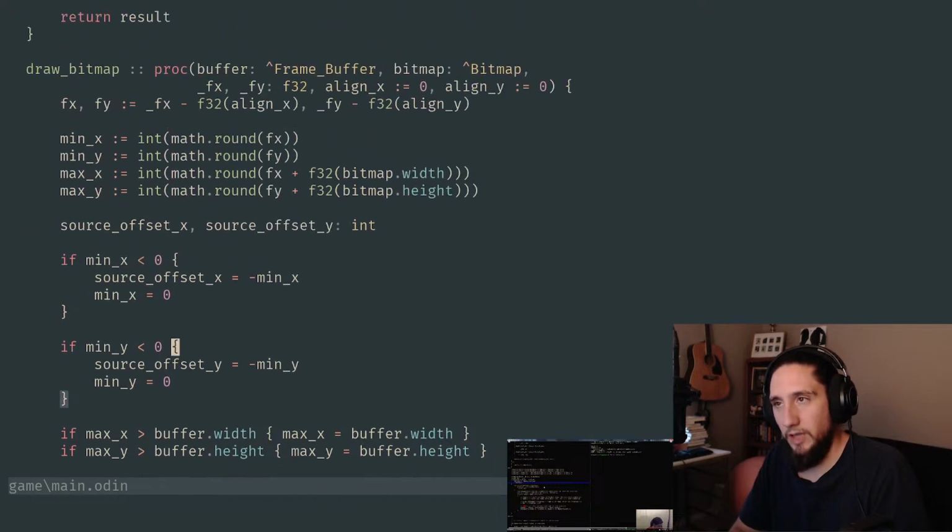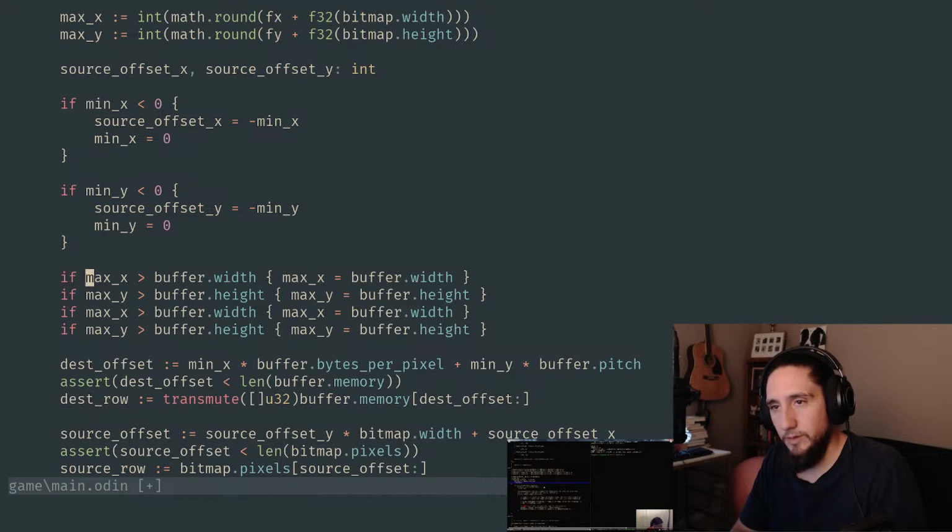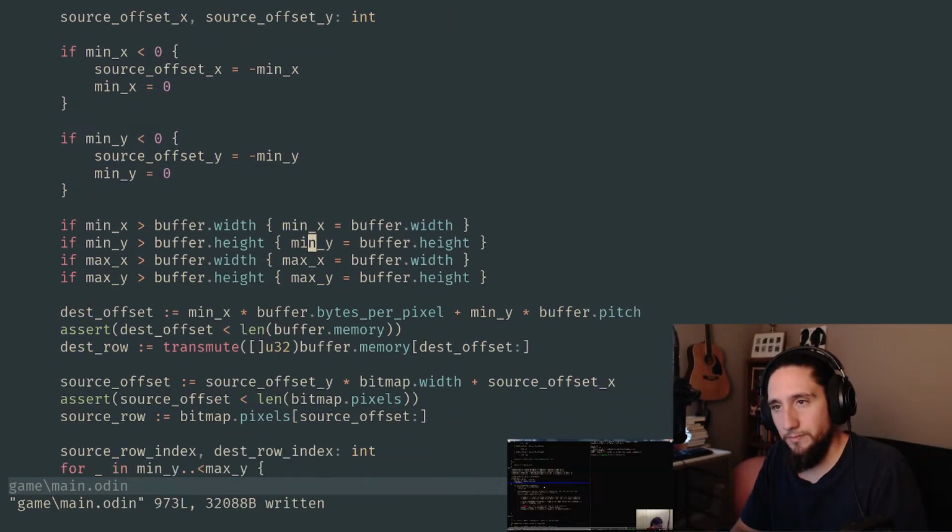Only the max is clamped so that it can't go out of bounds right here. So maybe that's what you do, right? Have a check: if min x and y are greater than, then do the same thing and clamp those.